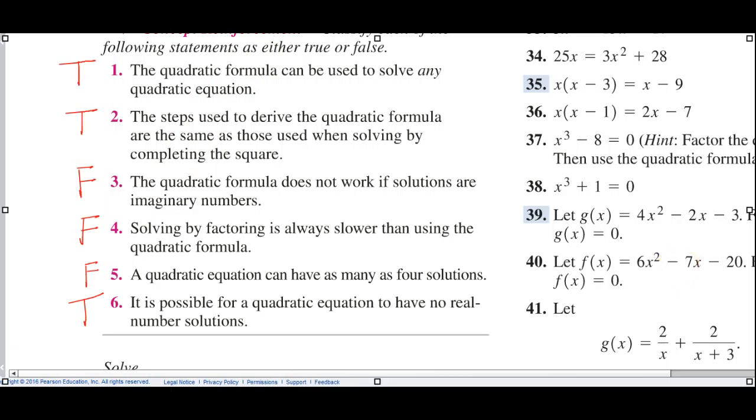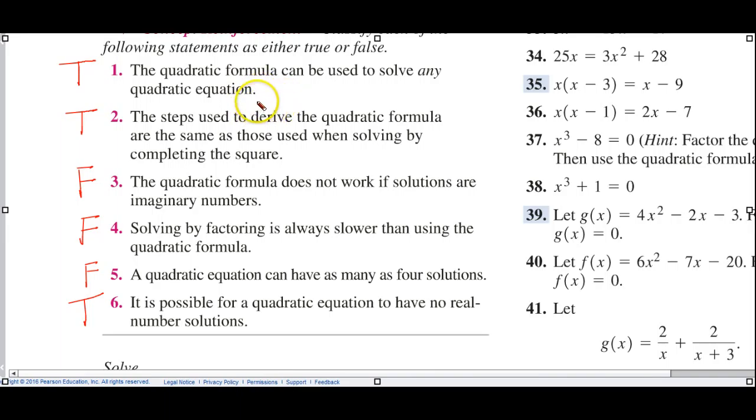So once again, we say the quadratic formula can be used to solve any quadratic equation. But what are the other methods? Well, the first method we have was factoring.